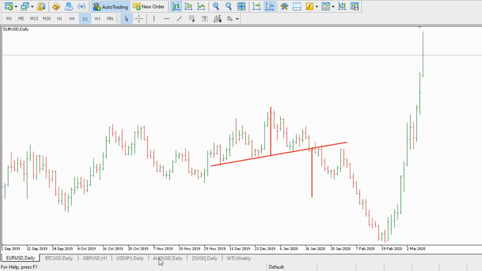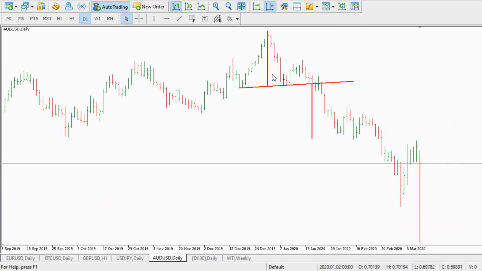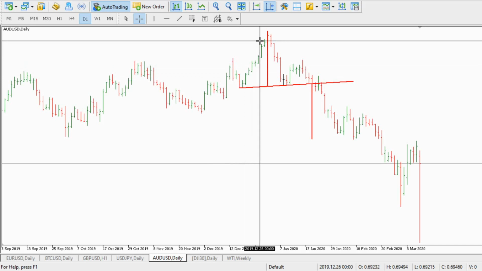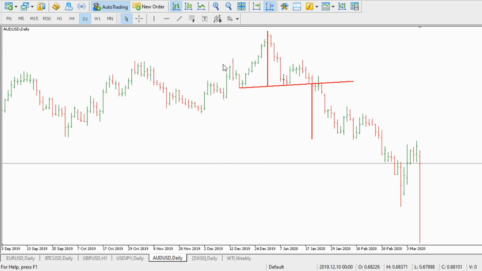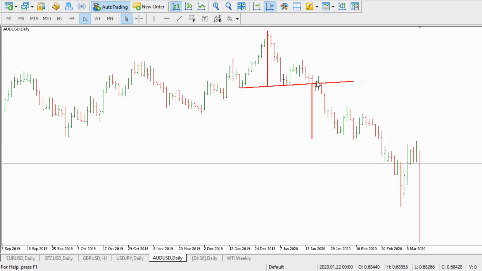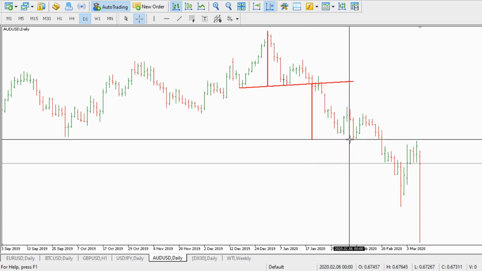Okay, one more example. This is the Australian dollar versus United States dollar. We have again left shoulder, the head and the right shoulder. Here we've got a break through the neckline and we have the target zone. We can see how clearly the target zone has been achieved.